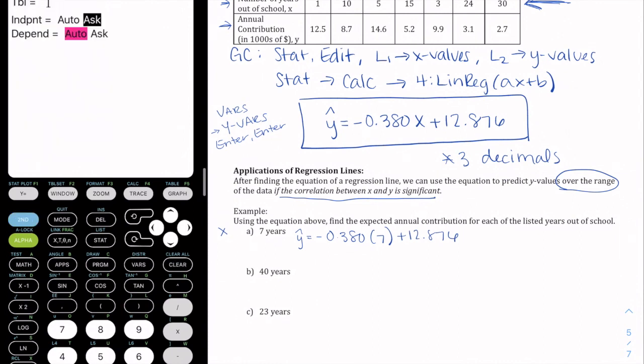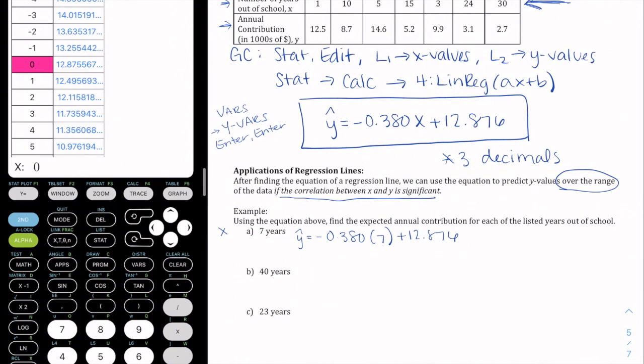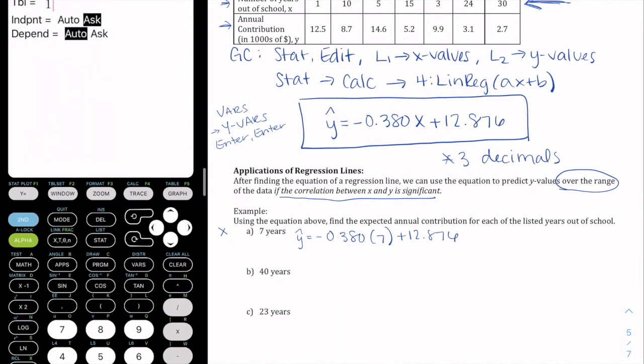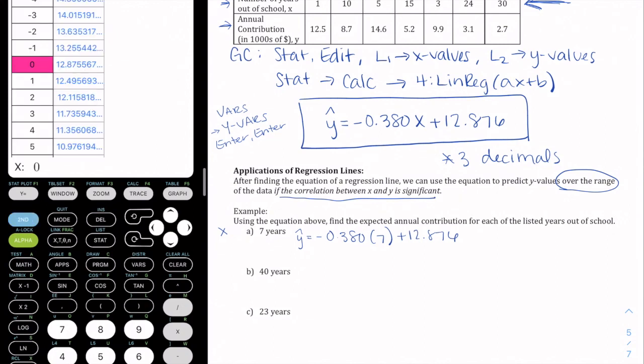Why didn't it save it? Okay, well, it should let you ask. I'm not sure why it's not. Okay, but anyways, if you have your own graphing calculator, you can just do second table and be able to type in each of these x values. But when you do this, you're going to get 10.216.